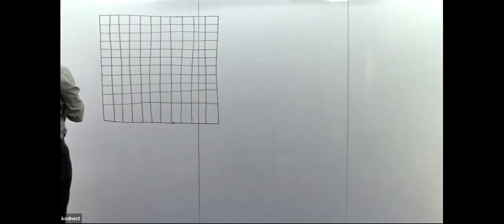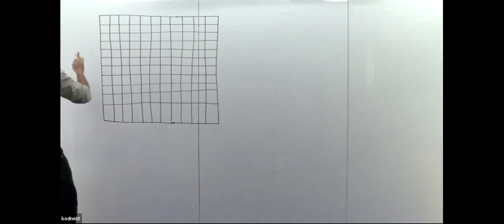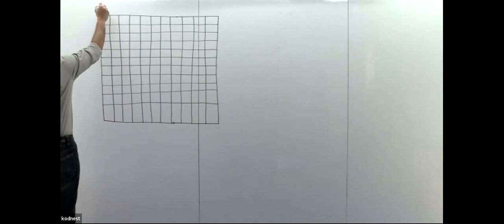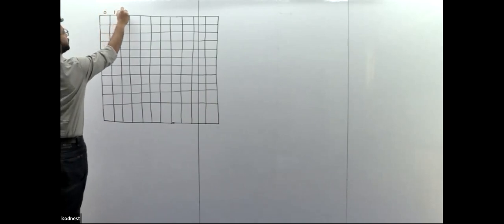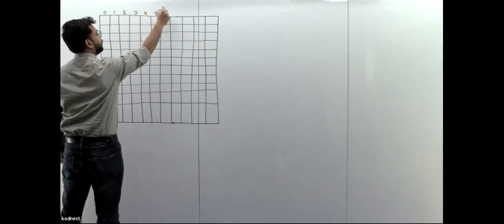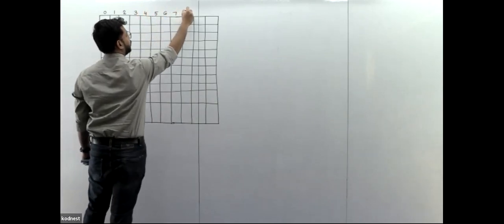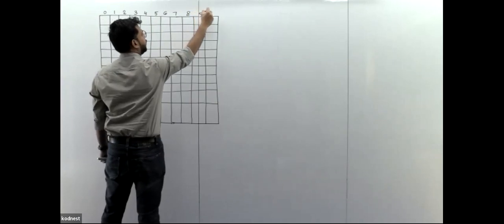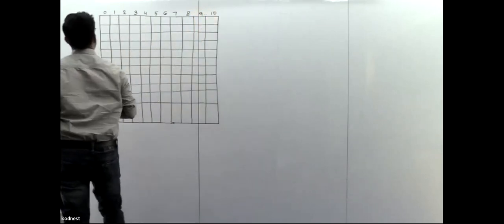So again, if I have to give the indexes for this, I will tell it like this. This is the 0th column, first column, second column, third column, fourth column, fifth column, sixth column, seventh column, eighth column, ninth column, 10th column.